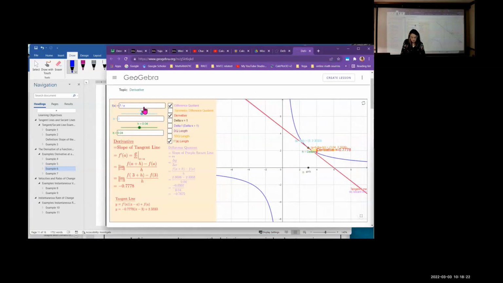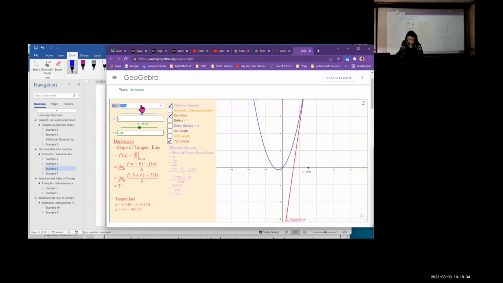All right, so let's put in x² plus x. And we're approaching the value of 1. And the slope of the tangent line is 3.